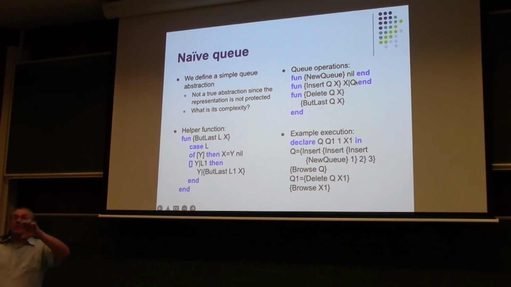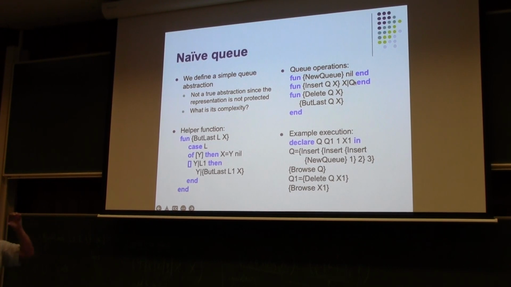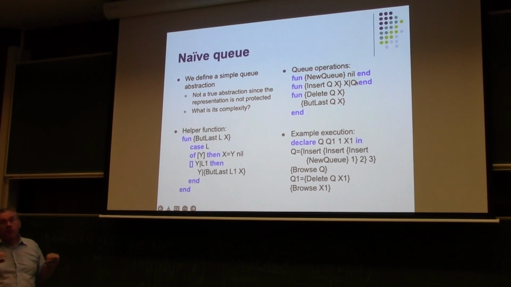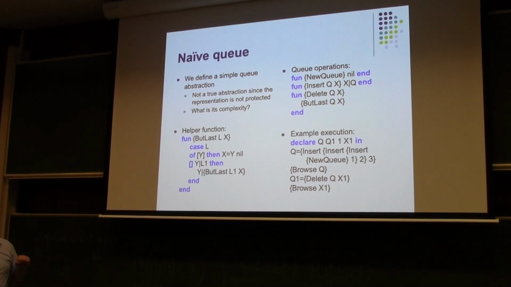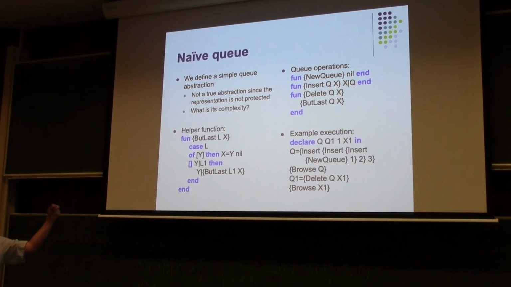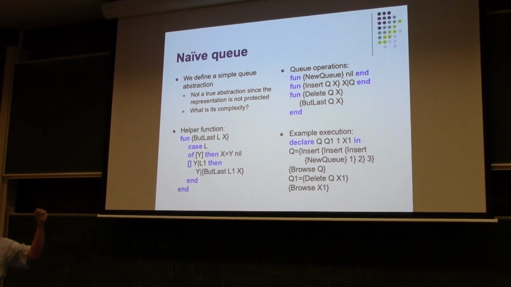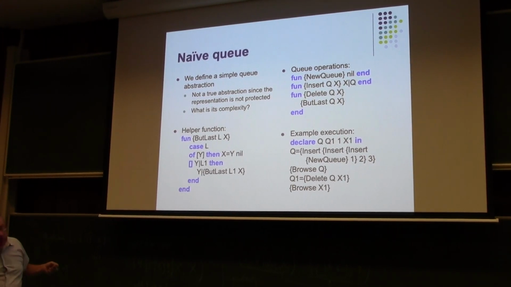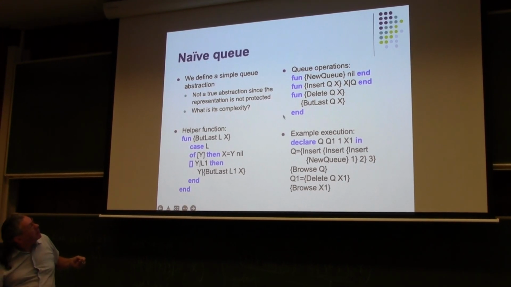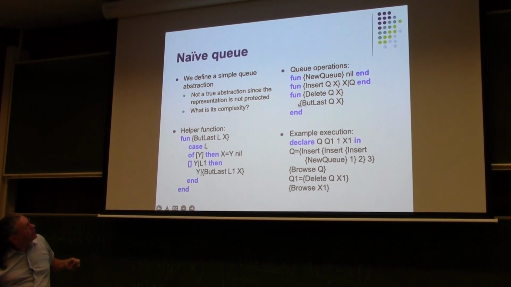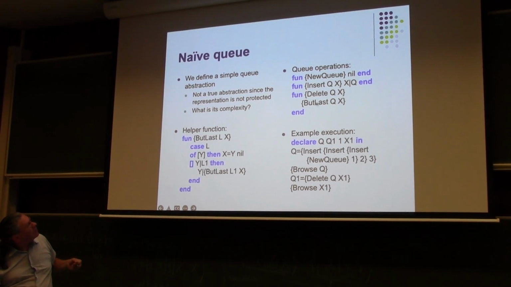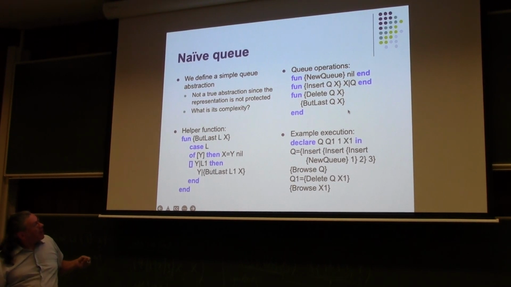I just add x to the front. And delete will remove an element from the queue, but it has to remove the last element. I'm inserting in the front, and I have to remove at the end. So delete is implemented using but_last. So this implementation here is correct.